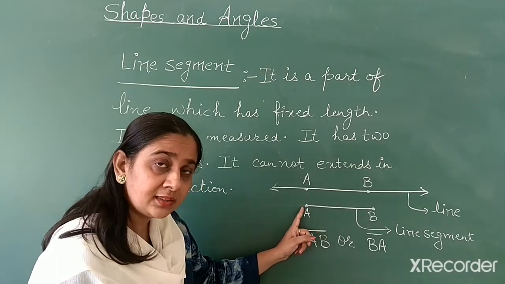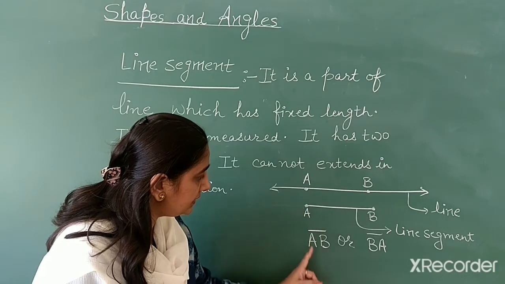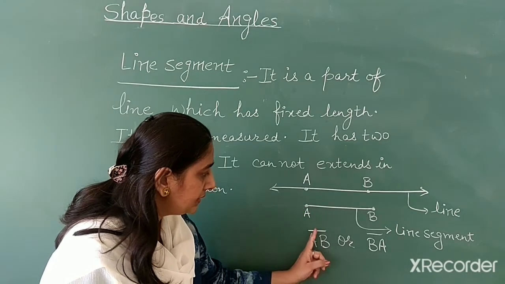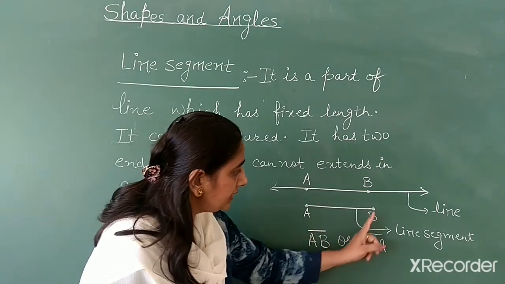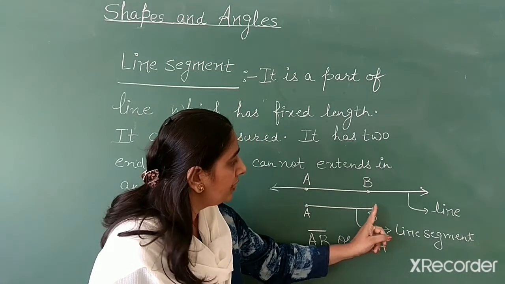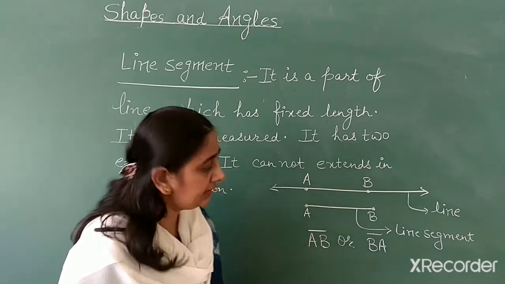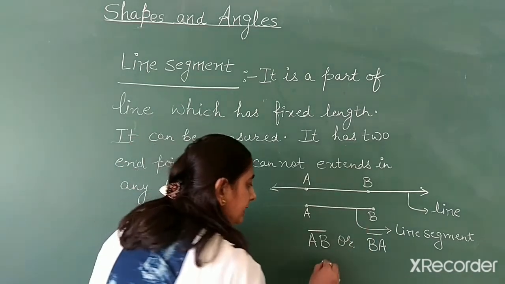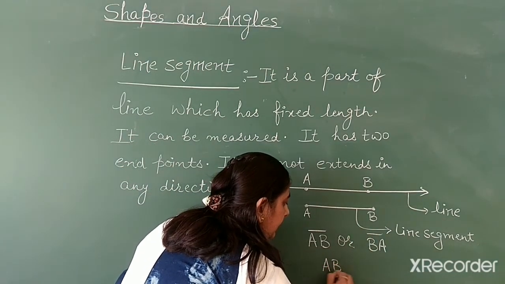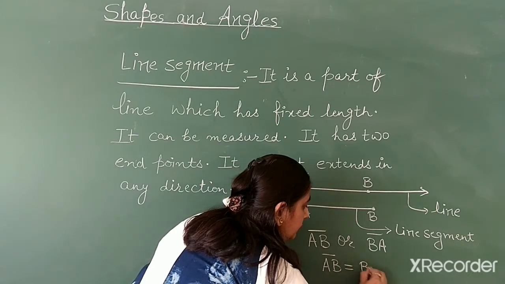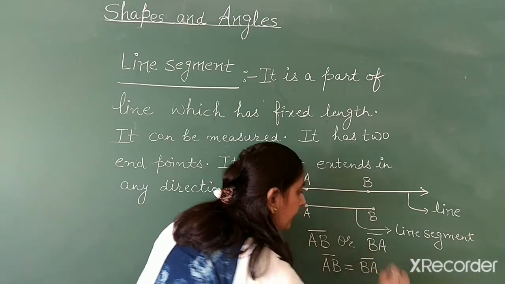If you start writing the name from A, then its name will become AB bar. Or if you start writing the name from B to A, then it will become BA bar. And here AB bar is equal to BA bar.